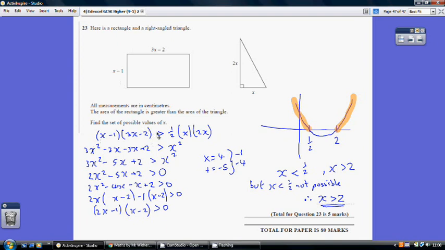And that area has got to be greater than the area of the triangle, which is half times base times height, which is half times x times 2x. So multiplying out both sides, we get 3x squared minus 5x plus 2 being greater than x squared. Take away x squared from both sides, we get 2x squared minus 5x plus 2 being greater than 0.